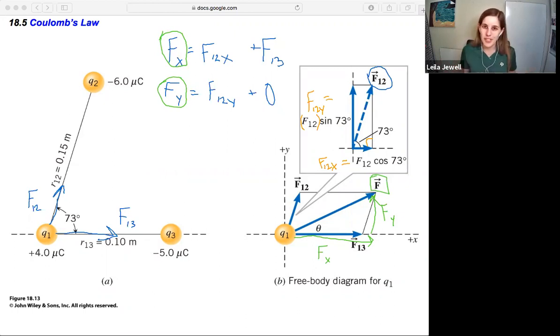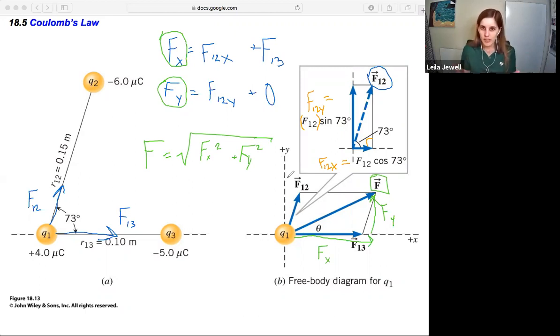That's where we use our Pythagorean theorem, right? All these ideas from last semester are coming back to us. Maybe they feel a little rusty, but that's why we're getting the practice in here. So the net overall force is just going to be the square root of Fx squared plus Fy squared.